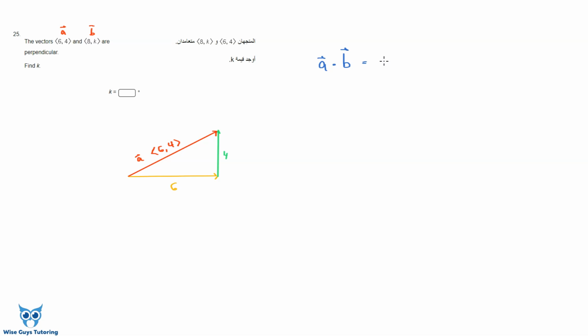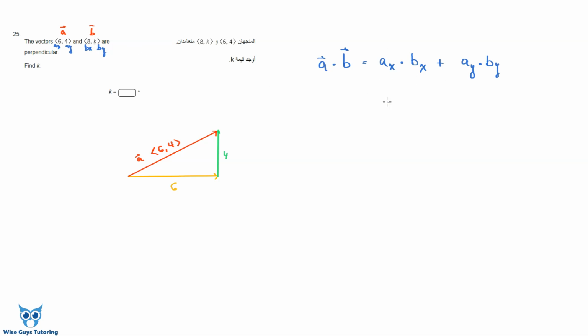You take AX, so the horizontal component, multiplied by the horizontal component of B, and you add it to the Y component product. Okay? So this is AX, and this is AY. This is BX, and K would be BY.